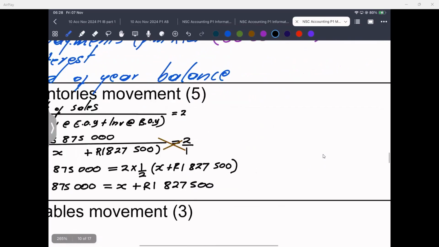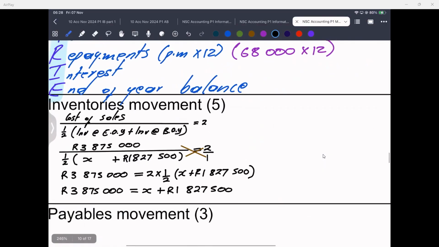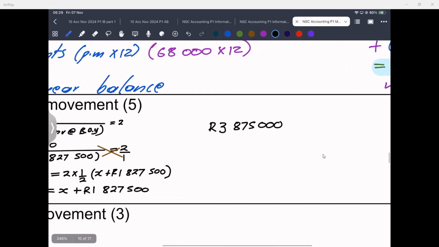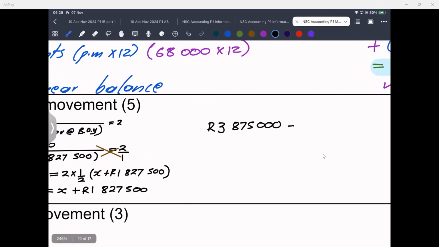To isolate x here, you will have 3,875,000 minus 1,827,500 is equal to x. So you just isolate x, you transpose this one to the left-hand side.